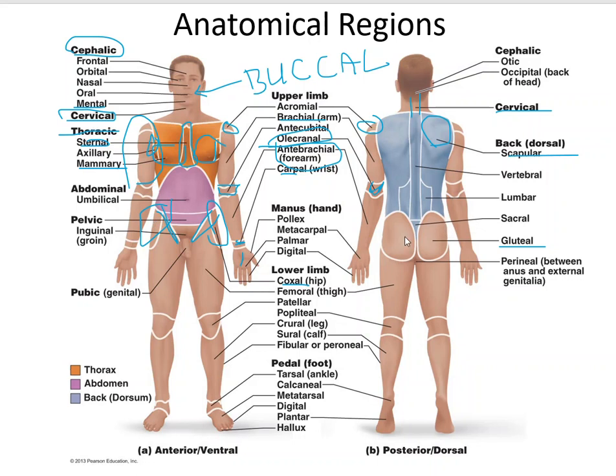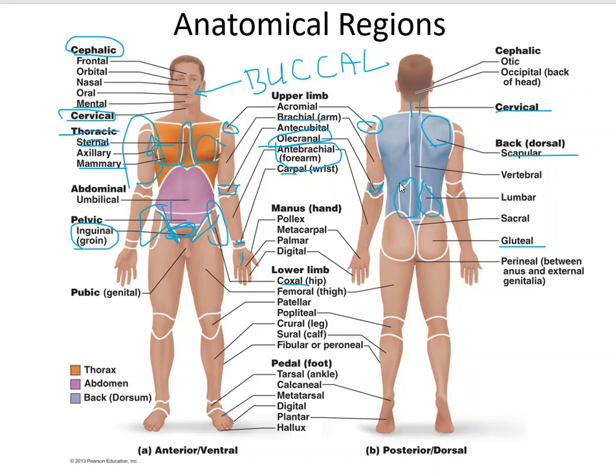Trying to see if they have it on here. Oh, there it is. That's not really the inguinal region. That would be the suprapubic. But in any case, use that for the inguinal region. We'll be consistent. The lumbar region is this region right here.